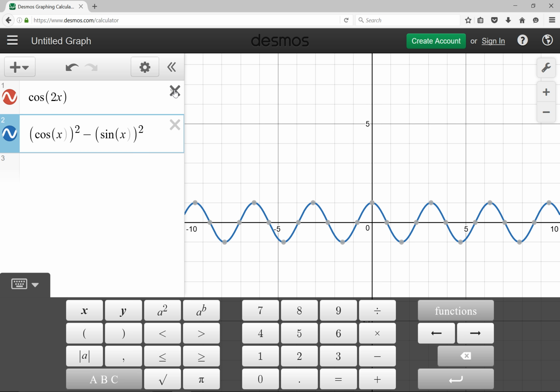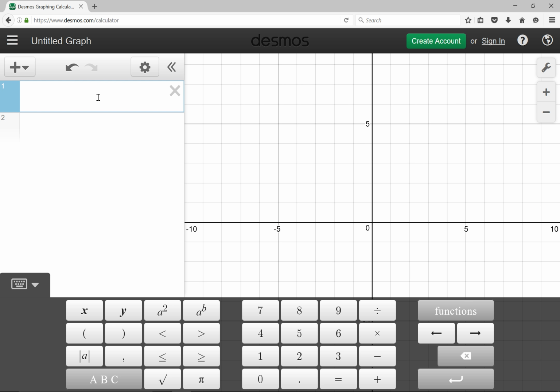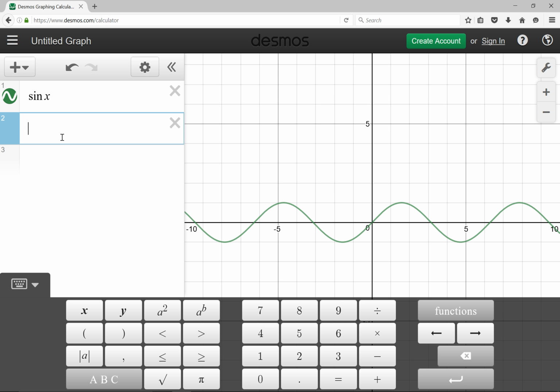How cute is that? We can also do the sine of x, like so, and then we theoretically should be able to do the square root of parentheses, 1, no, I need to put another parentheses in there.